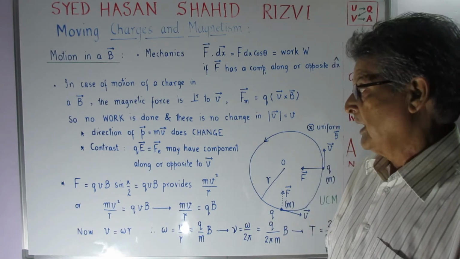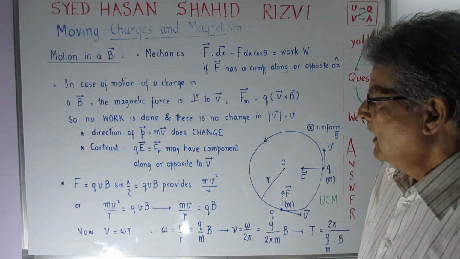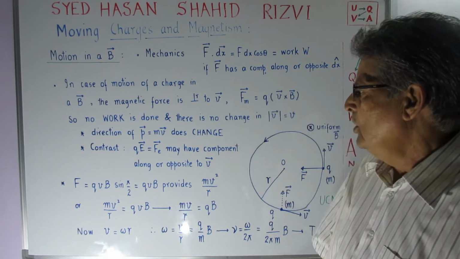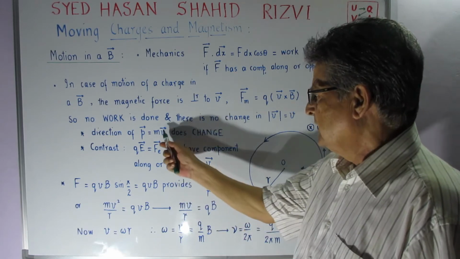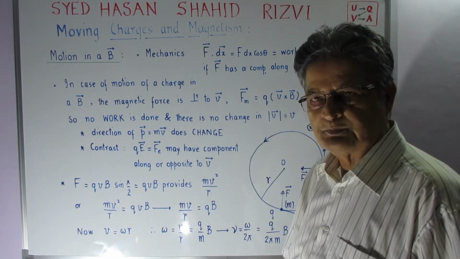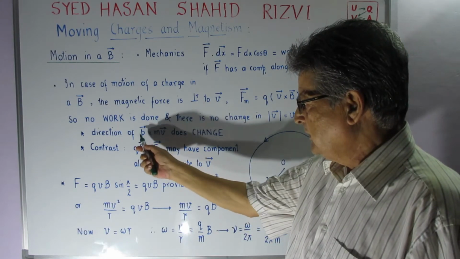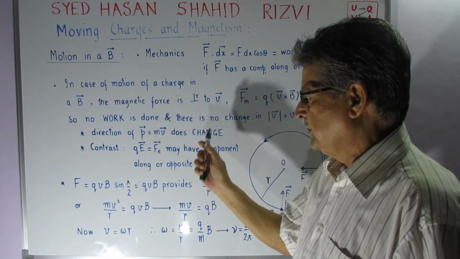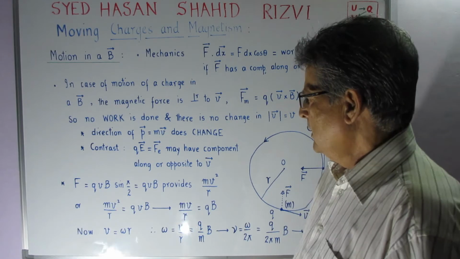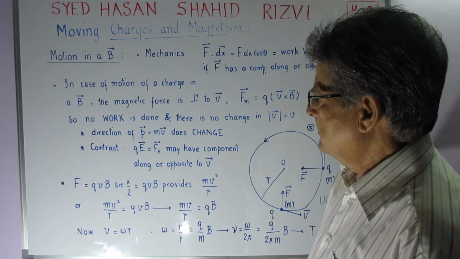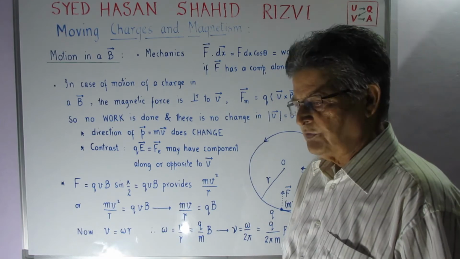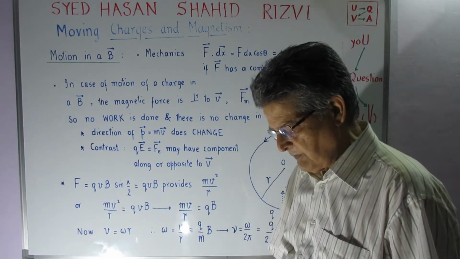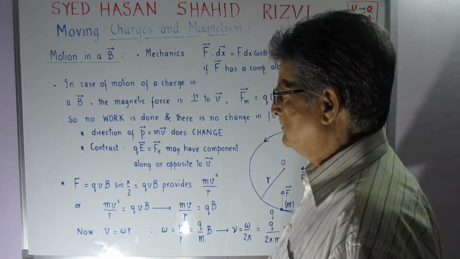Then what happens? The direction of v changes, so the direction of the momentum also changes. But the magnitude of half mv square does not change at all.